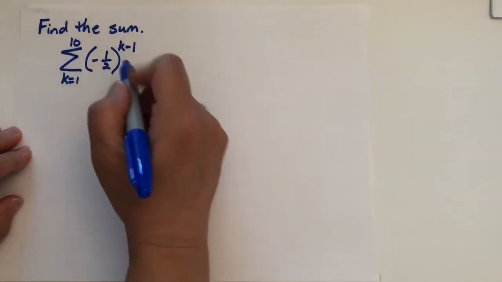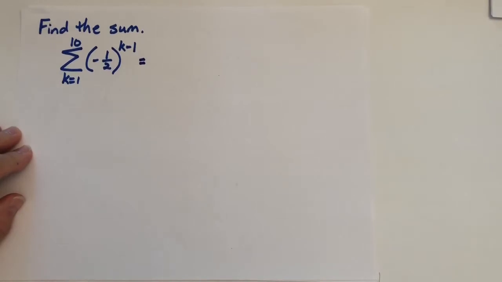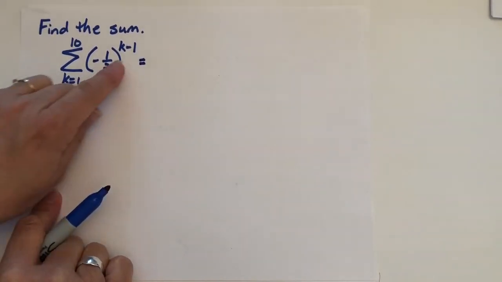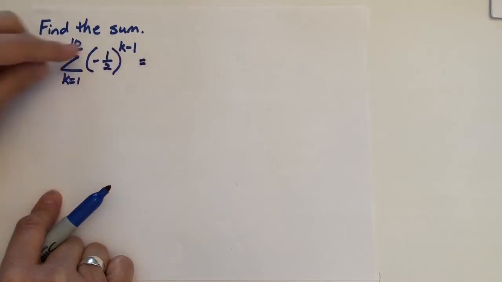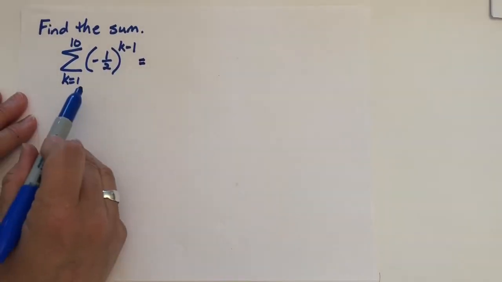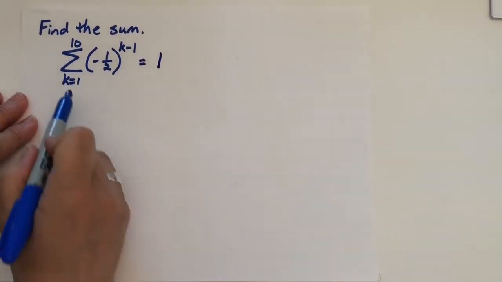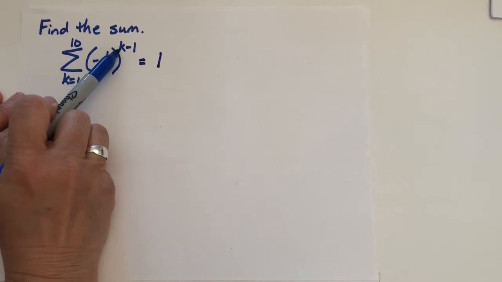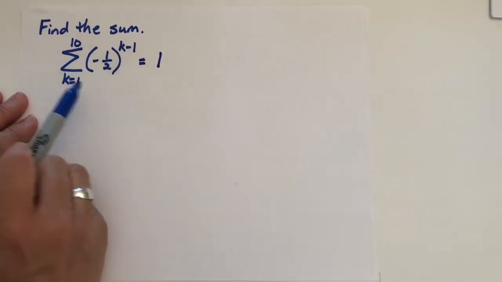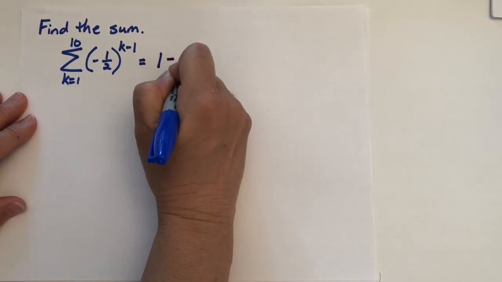I'm going to write the first term or two and the last term, again, not necessary, but I just like to. So I substitute in k equals 1. So I have -1/2 to the 0 power. We know any number except 0 raised to the 0 power gives us a 1. Then I put in k equals 2. 2 minus 1 is 1. -1/2 to the first power is just -1/2.